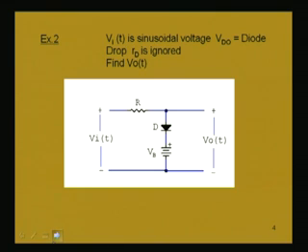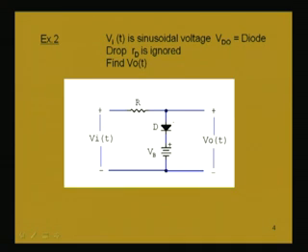That means a diode which has Vd naught equal to say around 0.7 volt for silicon. So, in this example we have this diode which has Vd naught drop and Rd is ignored again, that is, the resistance of the diode is very small, we ignore it here. That means we will be using the constant voltage drop model for the diode.